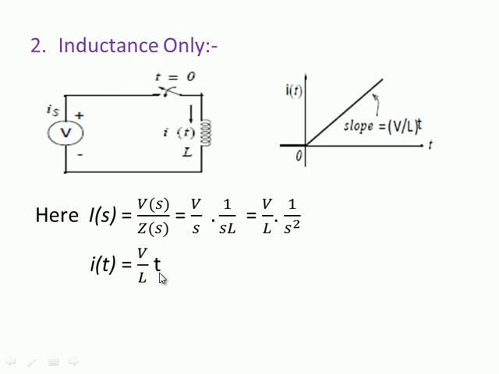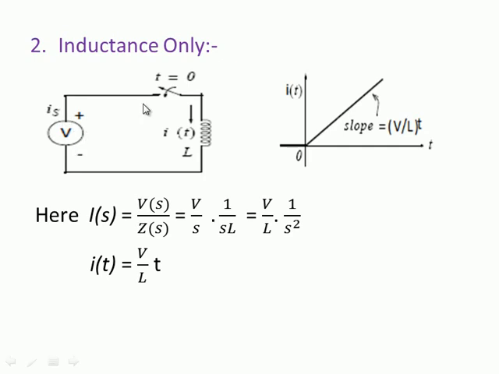Now as I have already said, we are using the Laplace transform technique. So we have to calculate the impedance first. Here I of S, we are talking about the S domain.